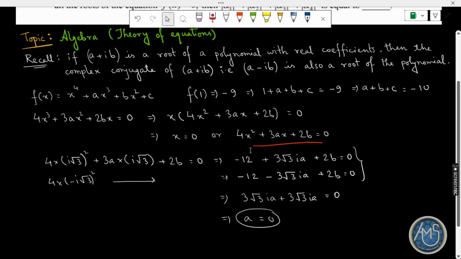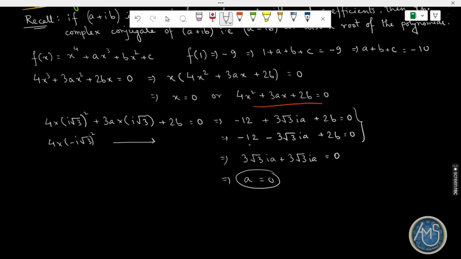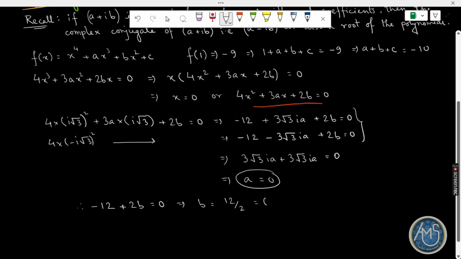And if I put the value of a, I will get -12 plus 2b equals 0, and we will get b equals 12 by 2, that means 6. So we have b equals 6.